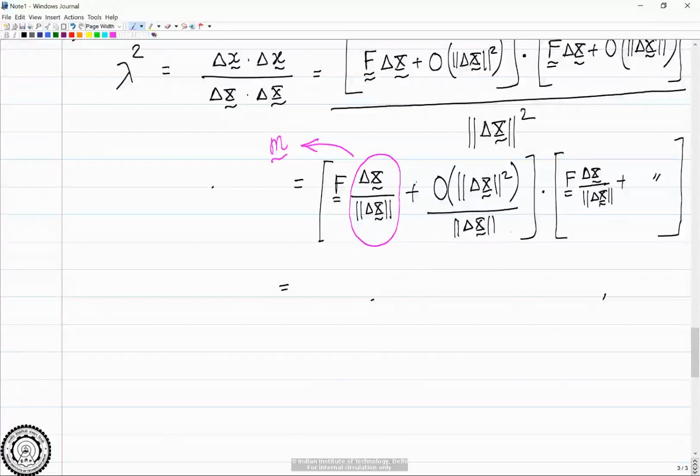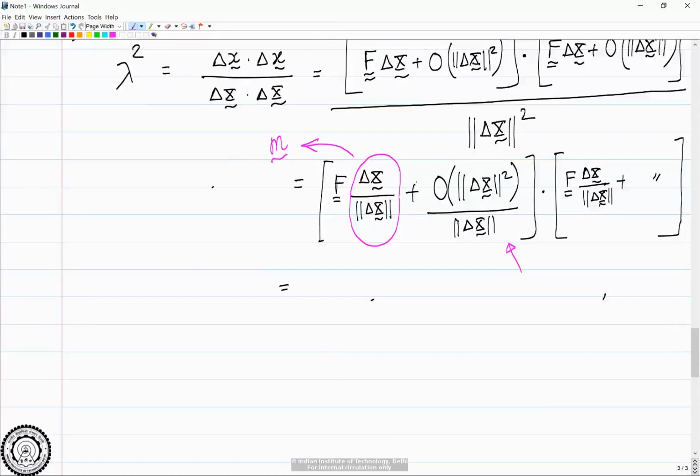Now, what can you say about this term here? So on the numerator, you have a function which is of the order of delta x squared. And then you're dividing by delta x. Then what becomes of this order? If a function was x squared, you divide by x, then it becomes x. So you see its order also changes. Originally it's O(x squared), after division it becomes O(x).